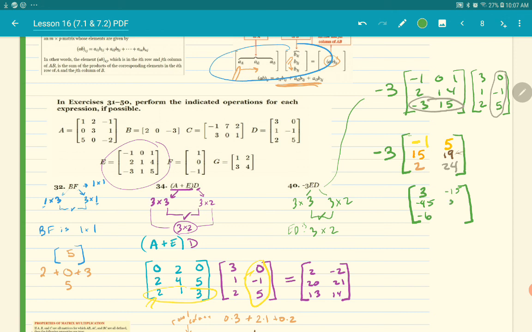So that gives me -57. And -3 times 24, well, that's hard too. So I'm going to do -3 times 25 to get -75, and then add 3. So I get -72.